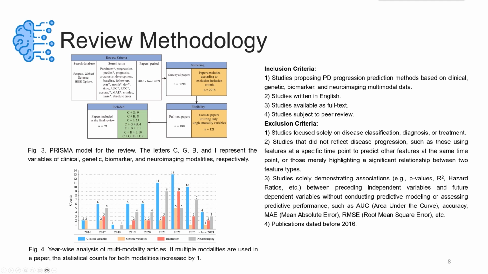It also omitted studies that did not reflect disease progression or those that only showed associations without predictive modeling. Additionally, publications prior to 2016 were not included. Finally, we obtained 59 full-text papers. Figure 4 demonstrates the research trends in the field based on the historical usage of modalities over the years.